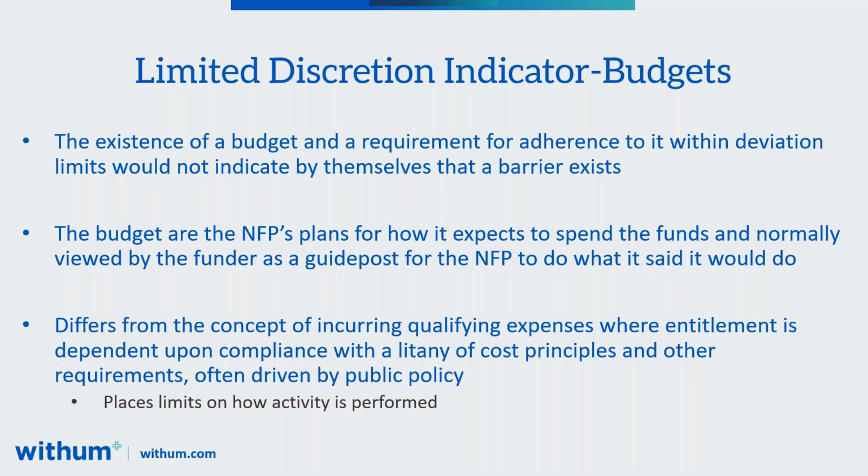But nonetheless, the contract typically will include cost policies and Office of Management and Budget circular policies. You need to incur those qualifying expenses. So our estimation is that those types of grants are going to be treated as conditional contributions, and as you incur the qualifying expenses, you would recognize revenue under those grants.